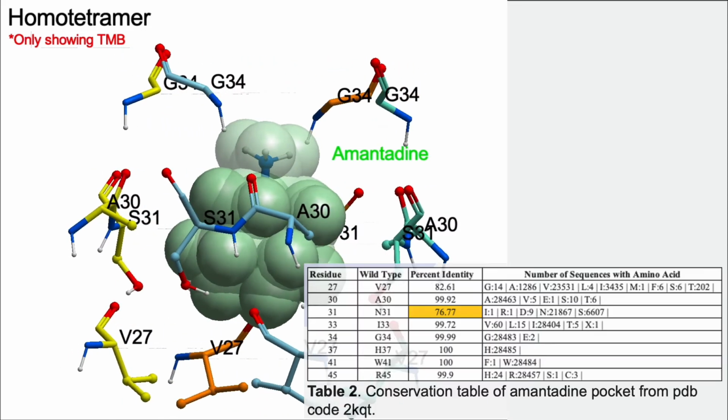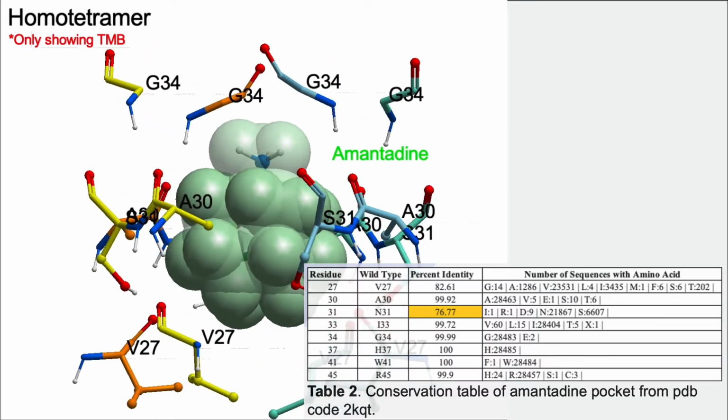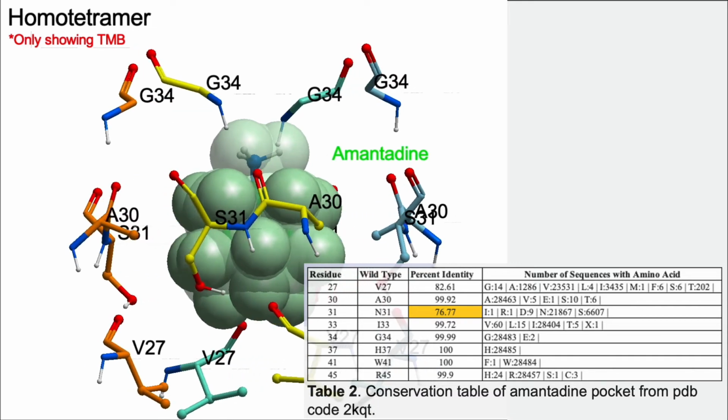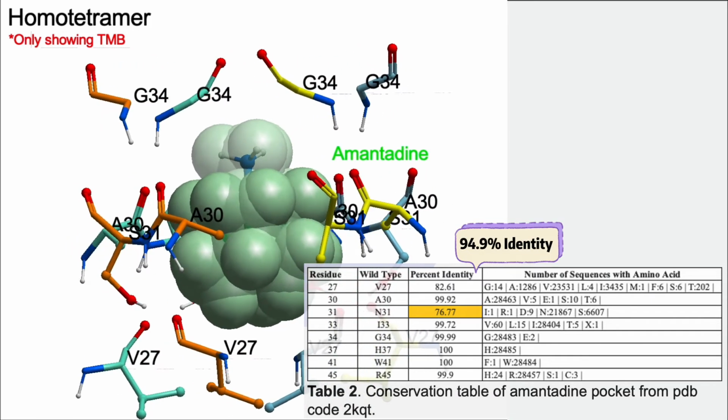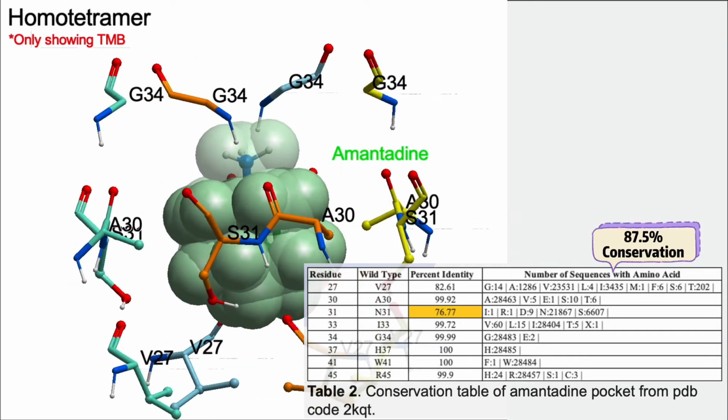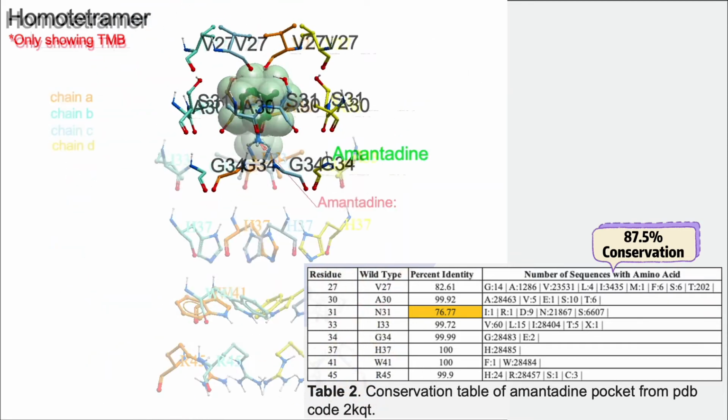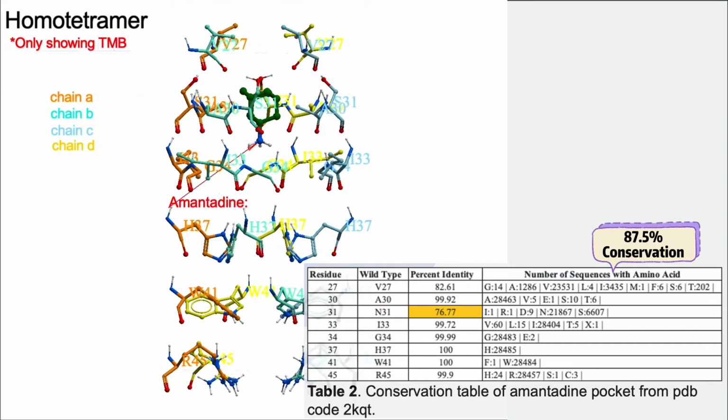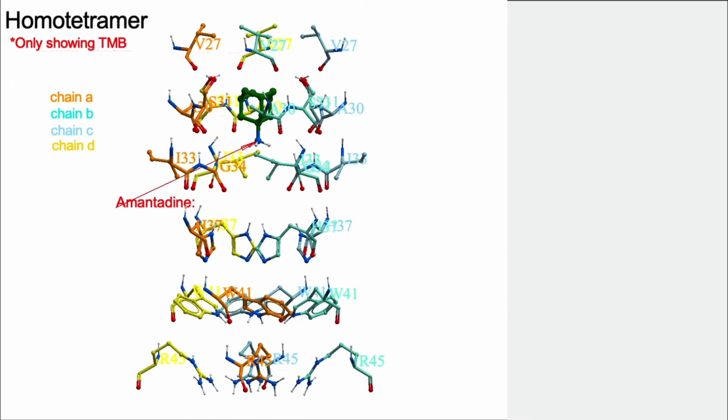A multiple sequence alignment indicates 4.9% sequence identity and 87.5% sequence conservation among the 8 residues lining the amantadine pockets.